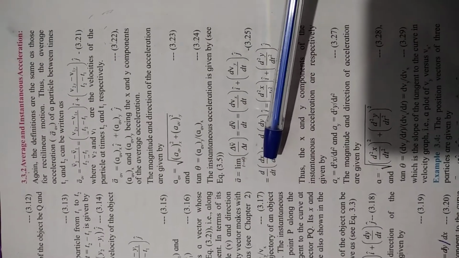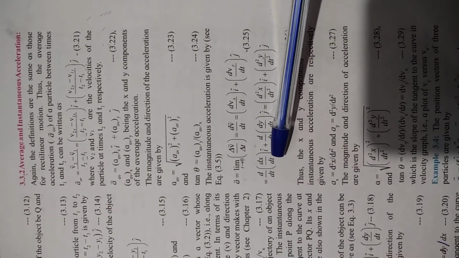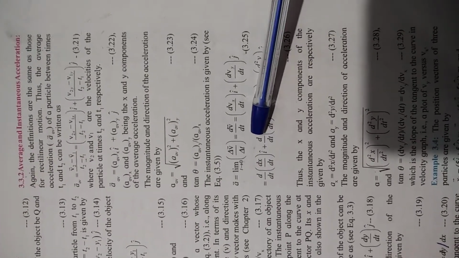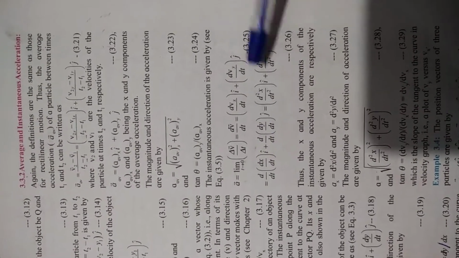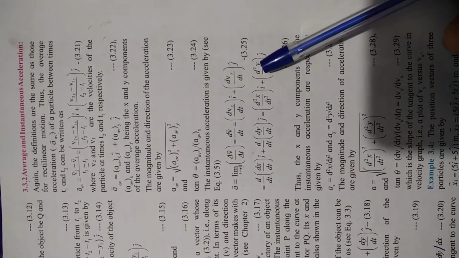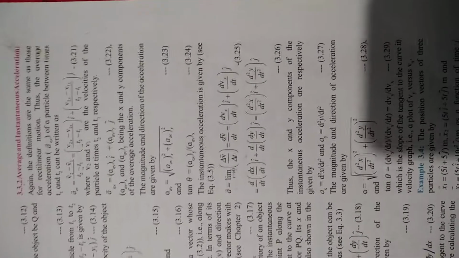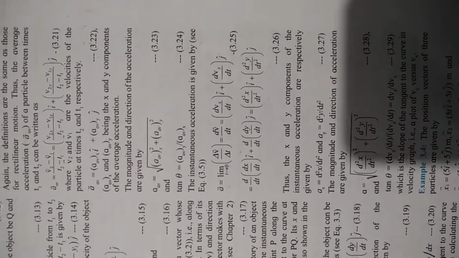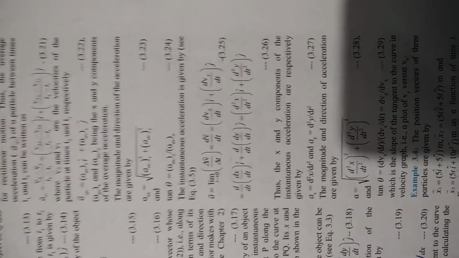Now if you see here, what we get, d square upon dt whole square. So d square x by dt square, similarly d square y by dt square. So we have got d square x by dt square i plus d square y by dt square j. This is acceleration in terms of displacement.